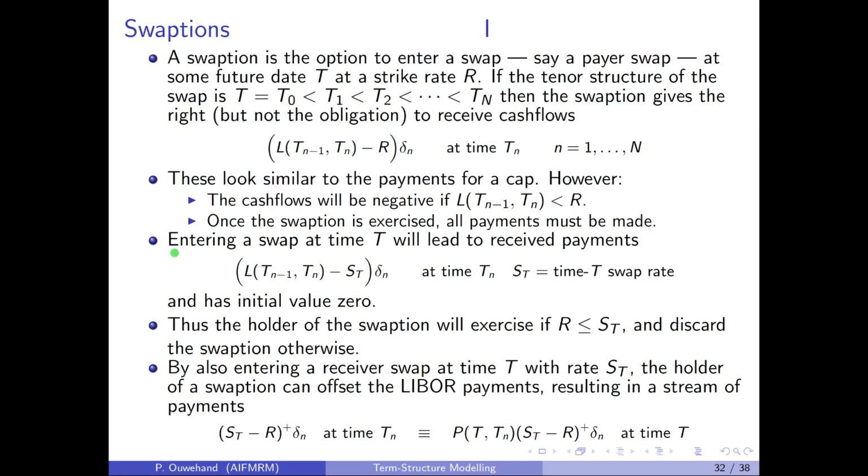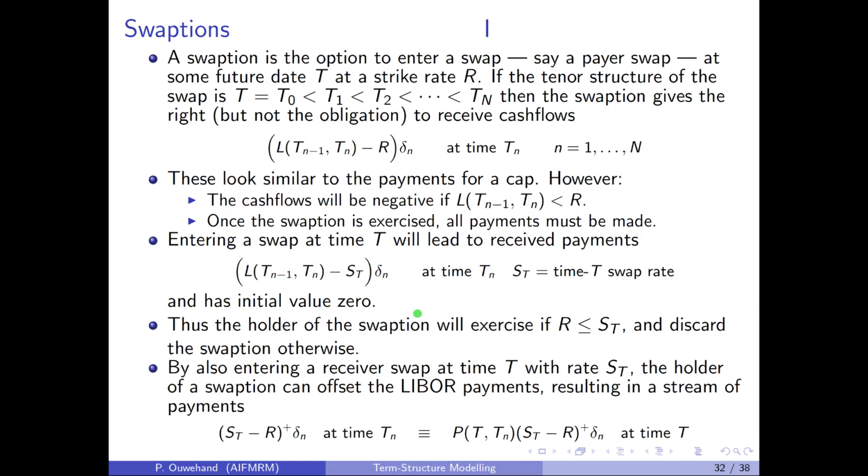Now, you could also enter a swap at time capital T at the then prevailing swap rate, ST, and this will lead to the following payments at time Tn. Now recall that the value of a swap entered at the prevailing swap rate has an initial value of 0.